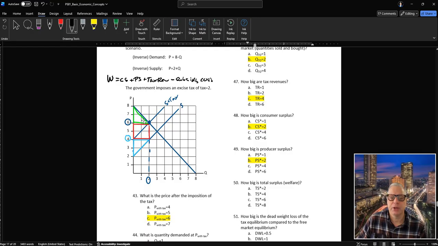But anyhow, here we have consumer surplus 2, producer surplus 2, and tax revenue 4. So total surplus is 8.